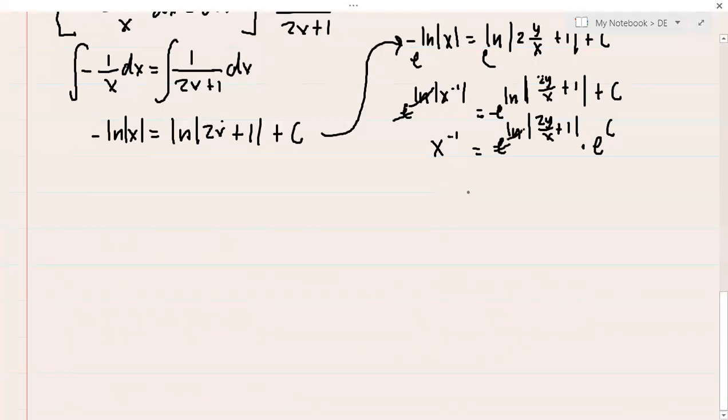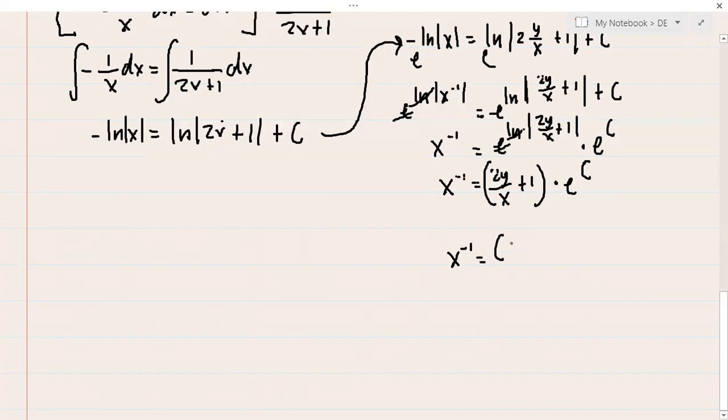We can cancel e at saka si ln. So we will have 2y all over x plus 1 times e raised to c.